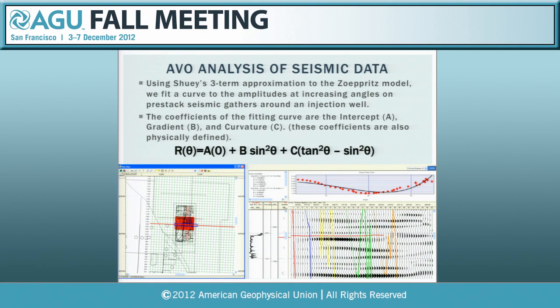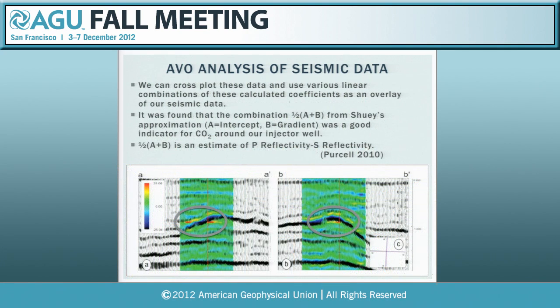So we use 1/2 A plus B, and then overlay it with the reflection survey. This survey was taken after an injection, and we have some anomalies here. Here's the well, and it's a double-layered reservoir, so we can see some yellow and red. That's the anomaly that we initially decided that we would call CO2.